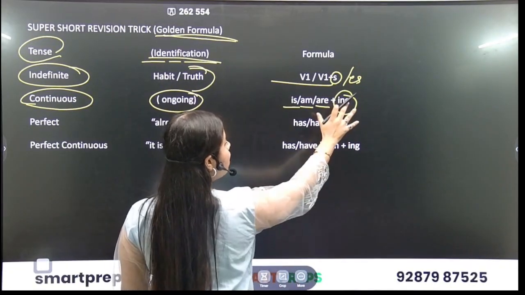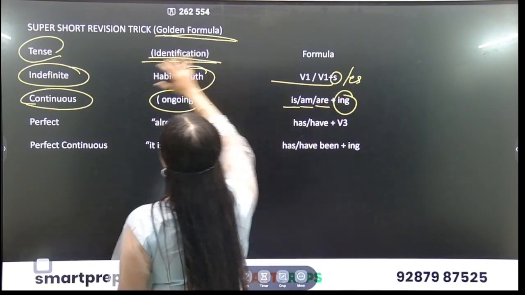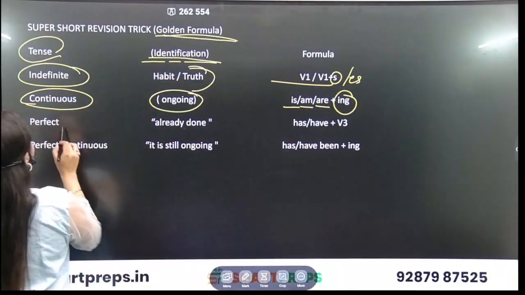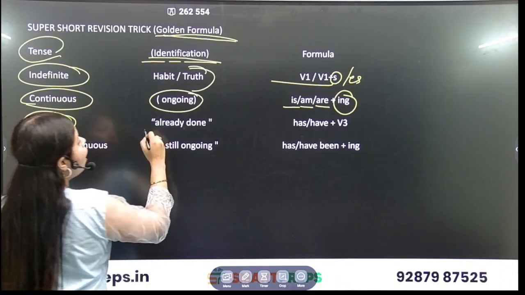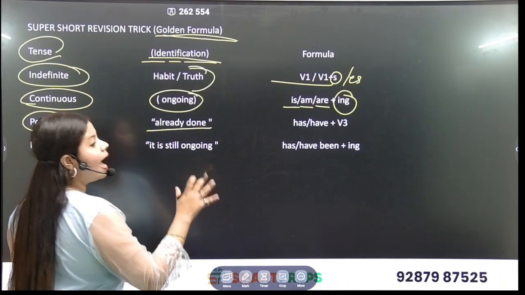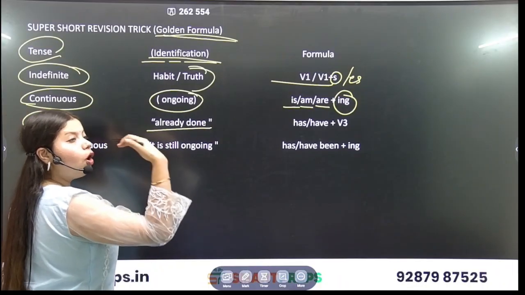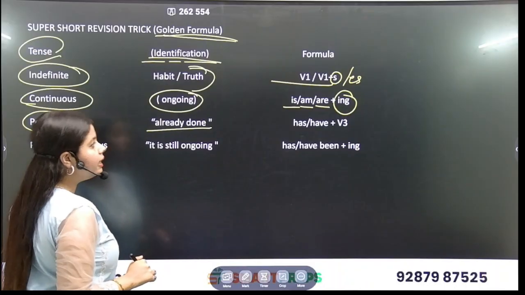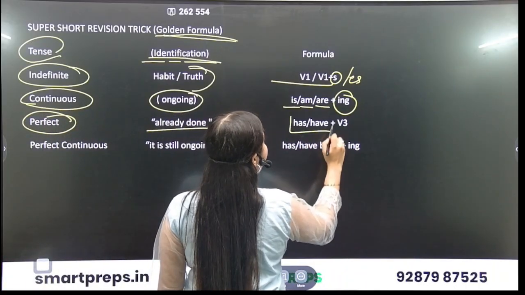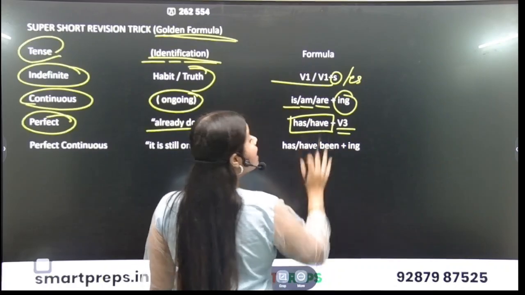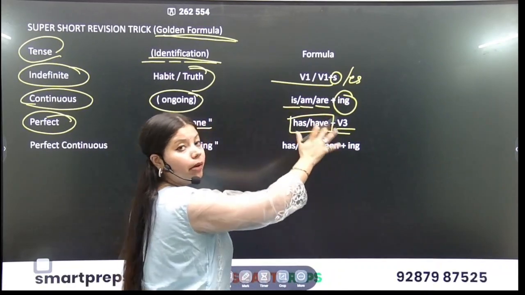This is about the present continuous tense. Now, present perfect tense. Whenever we are talking about present perfect tense, already done, it means the action we have already completed recently. So in the structure of the sentence, there will be has or have along with the verbs, but you have to check the correct grammatical usage.